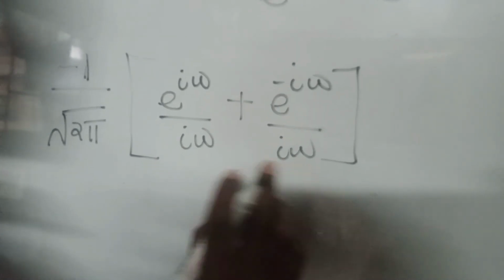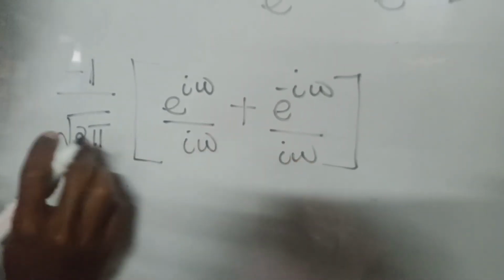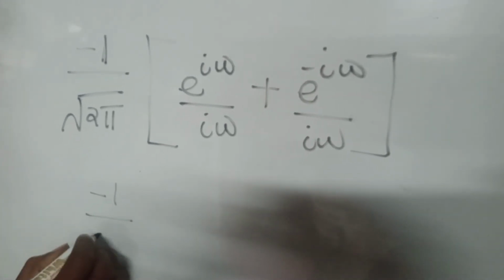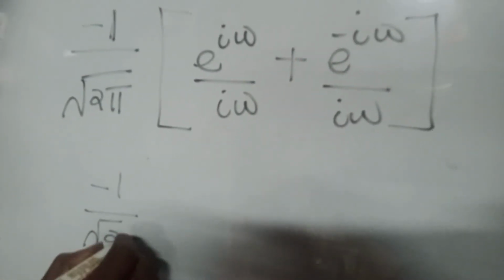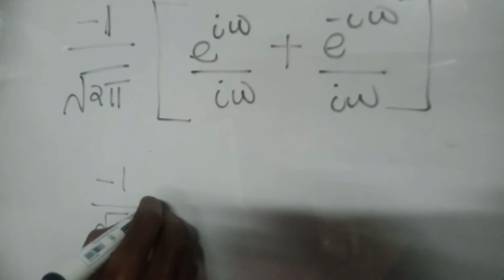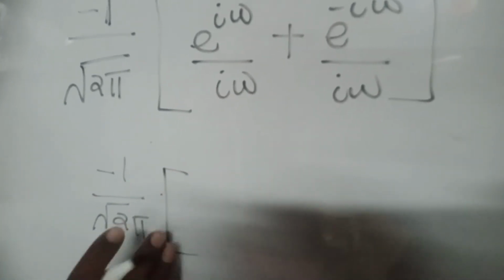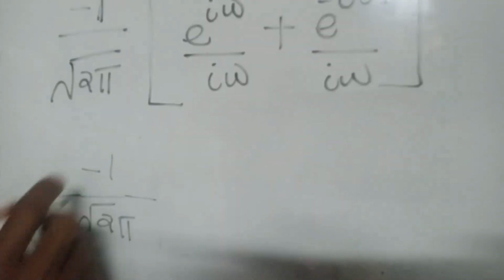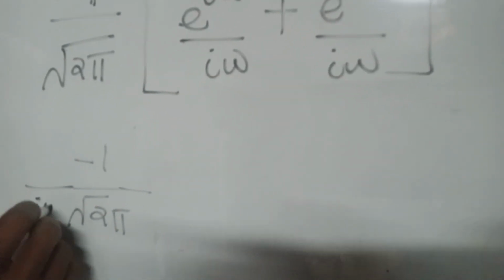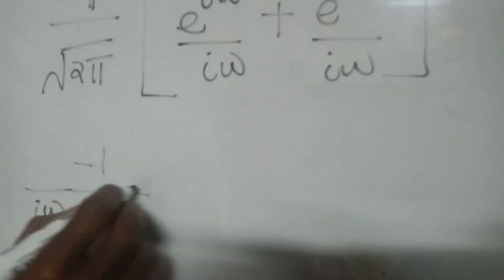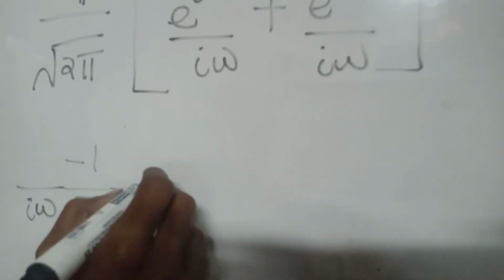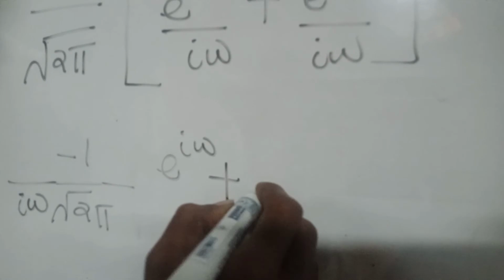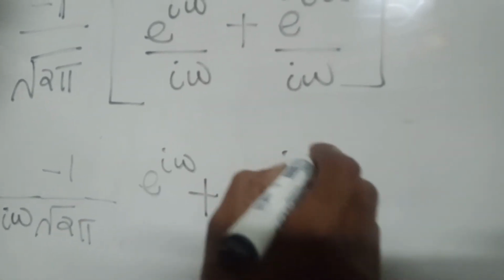We can remove, because this one is a common term, we attach it to 2 pi. So negative 1 over square root of 2 pi, now we are removing this part of i omega, we put it there in front, so that this one becomes e to the i omega plus e to the negative i omega.